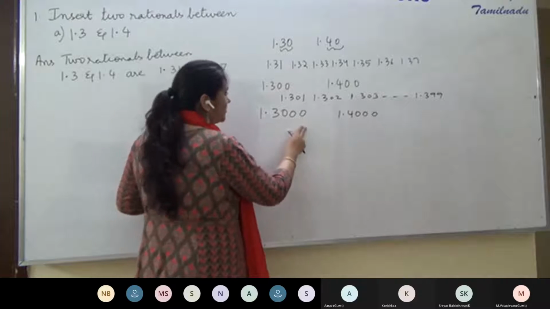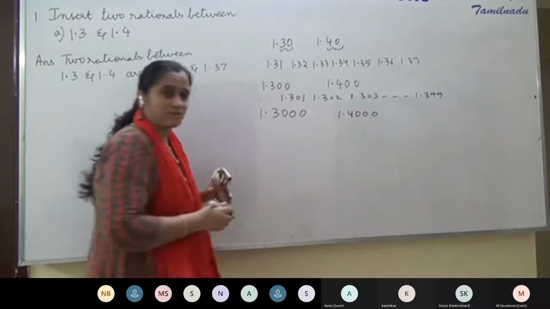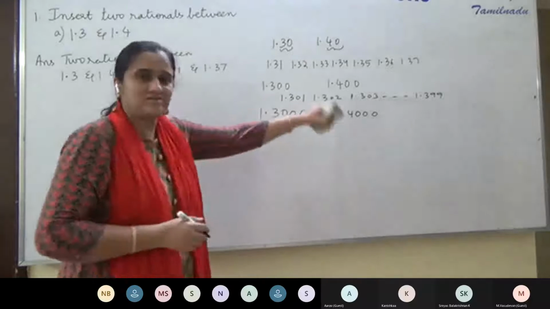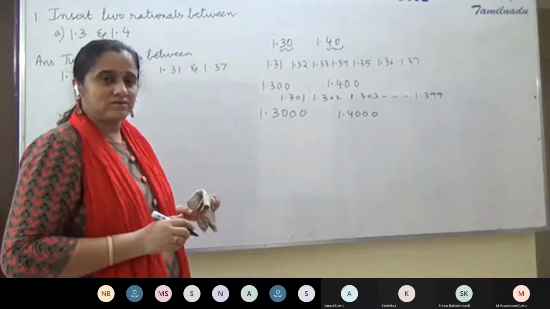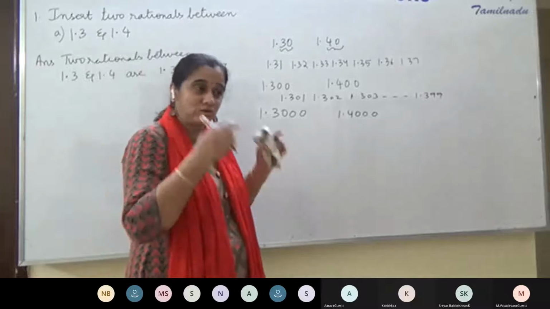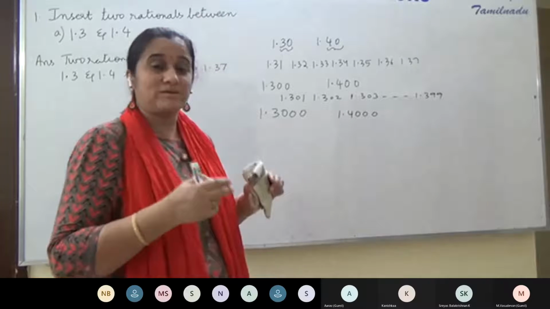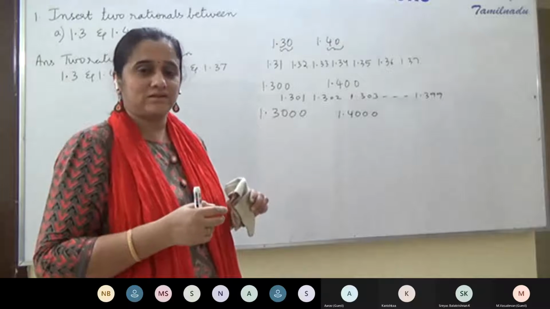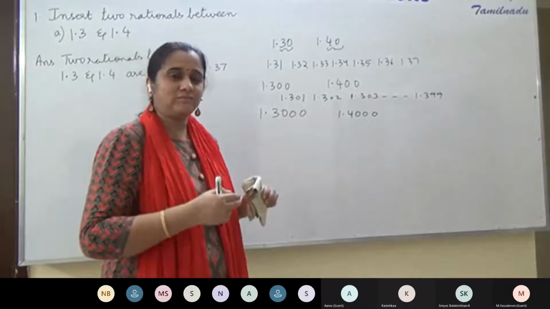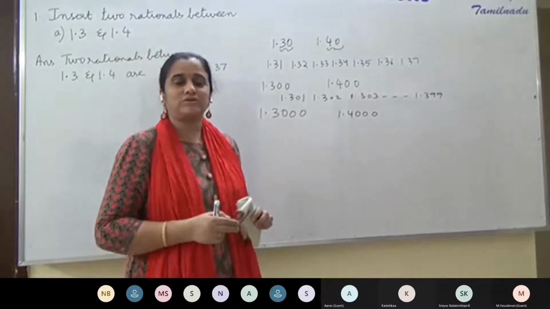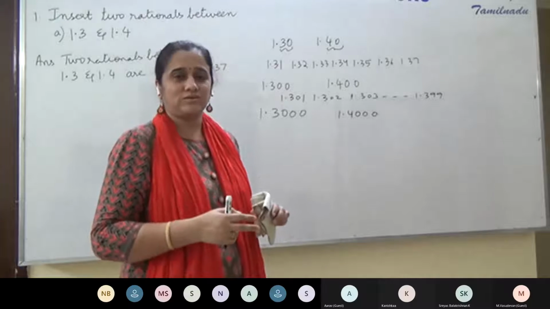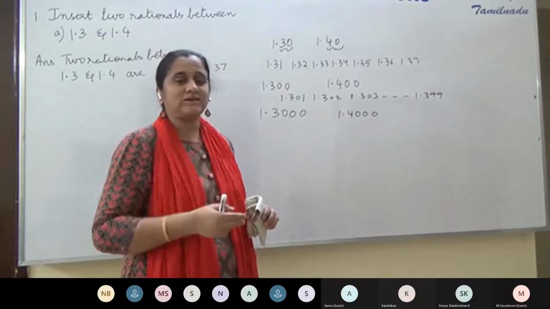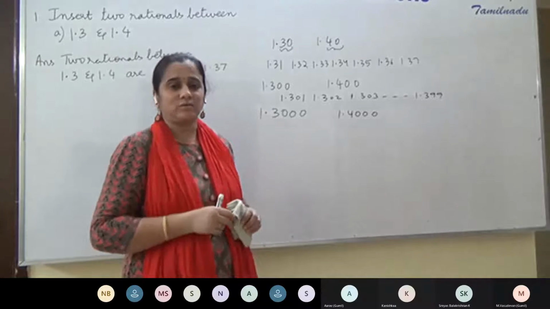This is still 1.4. We are not changing the value of the given numbers. We're just writing them in different ways so that you can visualize and identify the numbers lying between them.